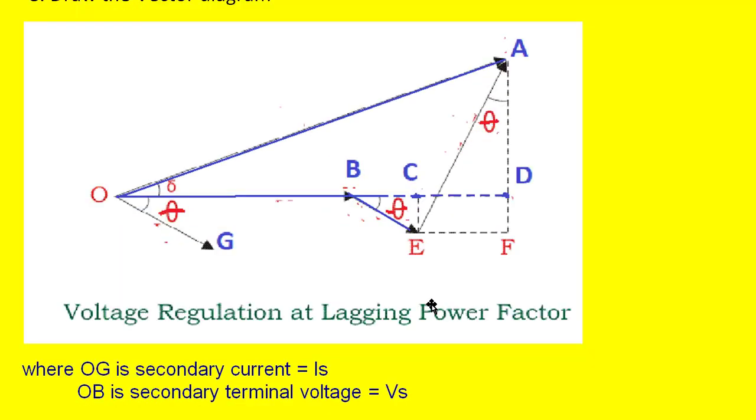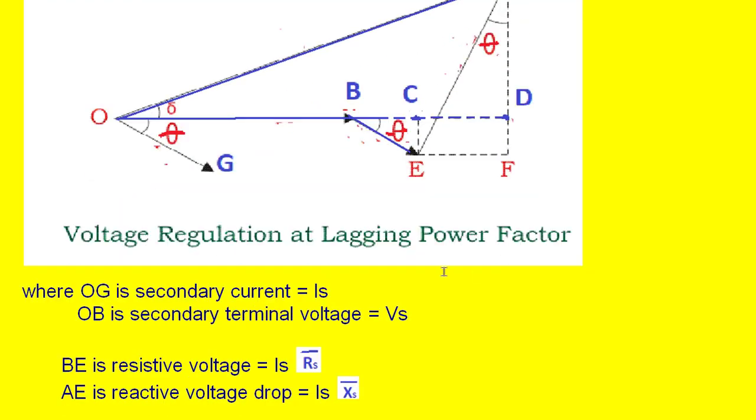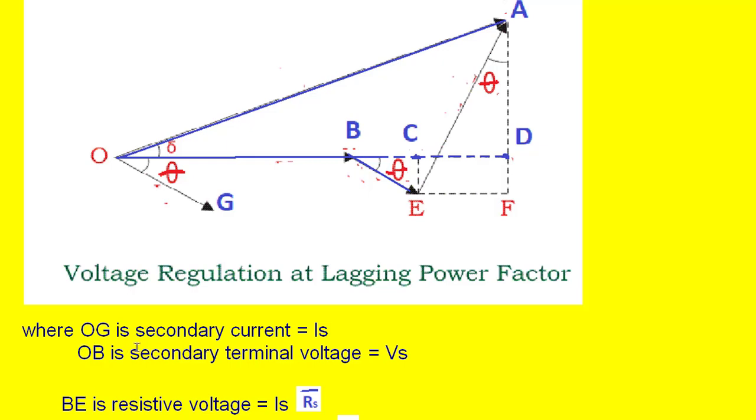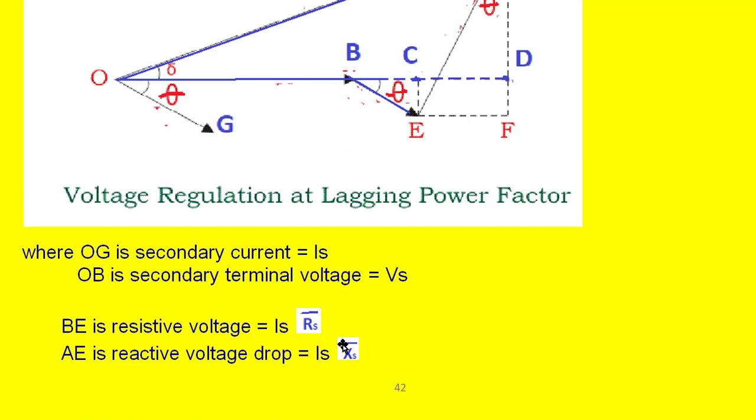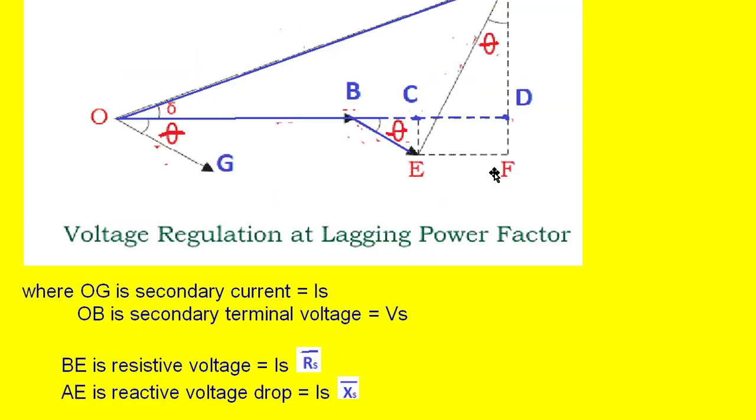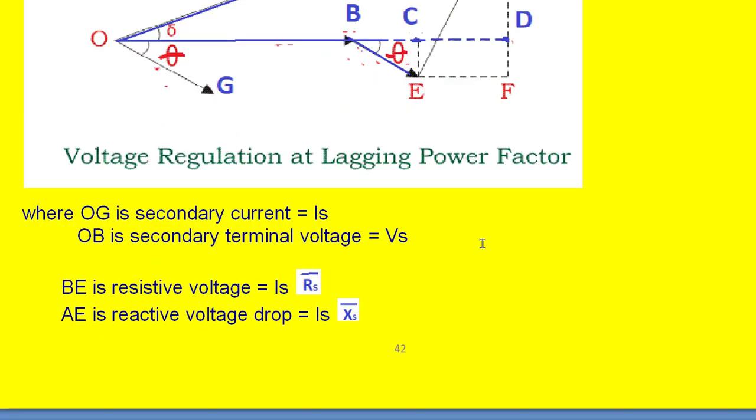Next, we can see here what OG is, which I already covered. OG is the secondary current and OB is the secondary terminal voltage, and BE is the resistance voltage drop, Is Rs bar, and AE is nothing but the reactive voltage drop, Is into Xs bar.